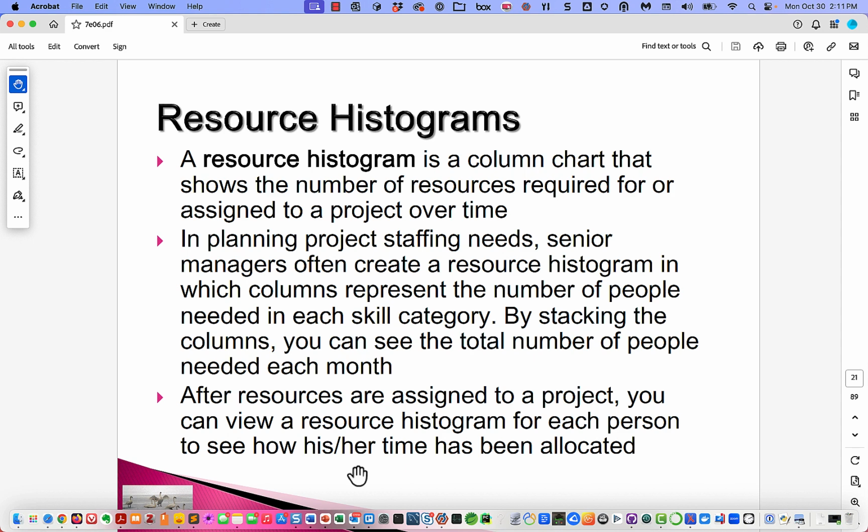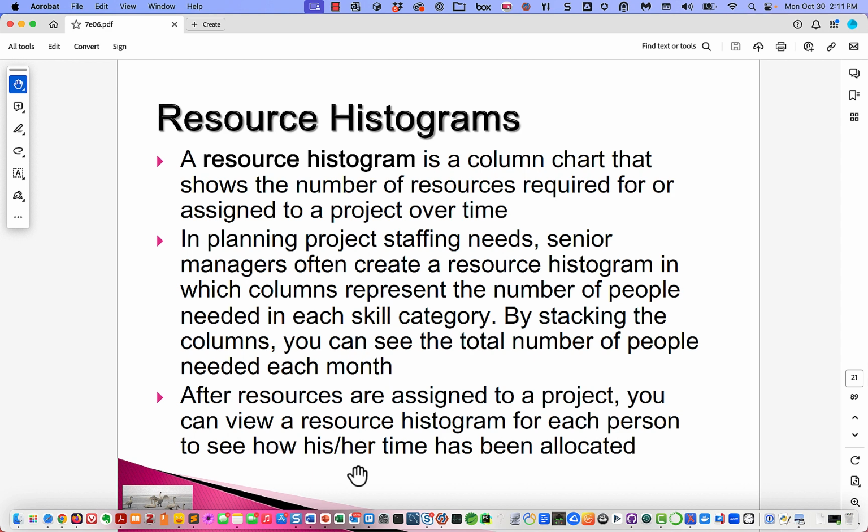Another artifact of the planning process that can be really useful is a resource histogram. Often you'll see this used for resources that are scarce. Okay.